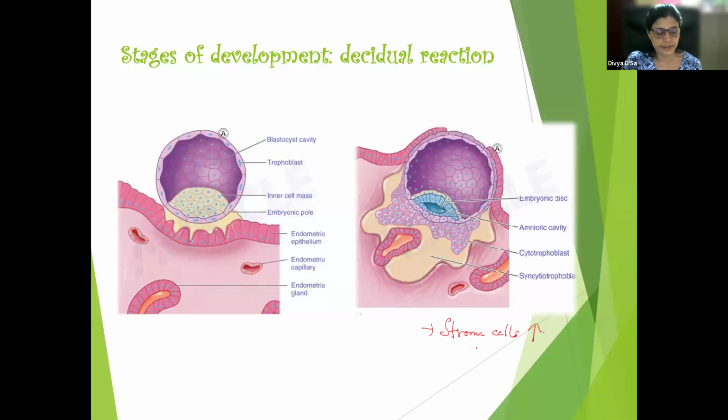They increase in size, they enlarge. The second thing is they become vacuolated, and the vacuoles get filled with glycogen and lipid.